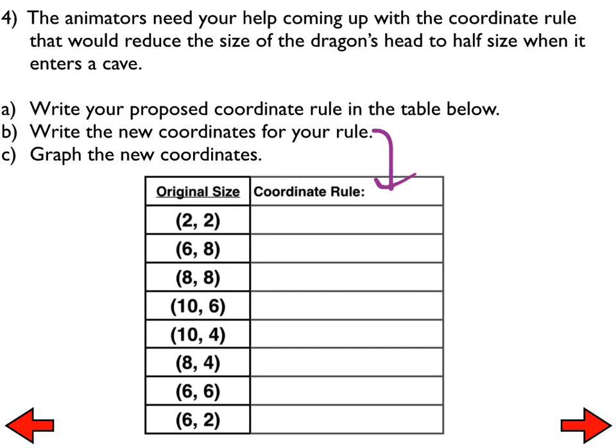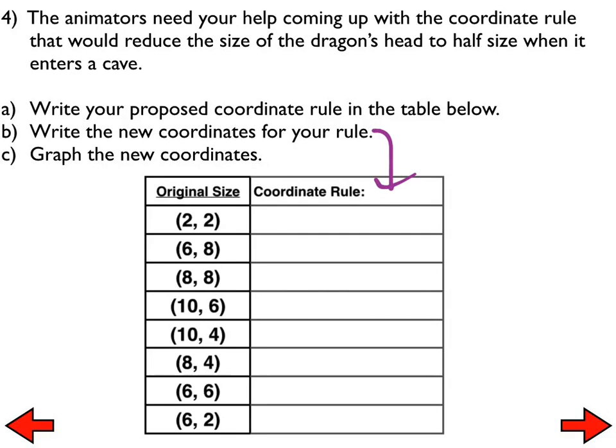So I'll give you a couple of minutes to do number 4. The graph for number 4 is actually below it, but all the way to the left. So do parts A, B, C, and D.